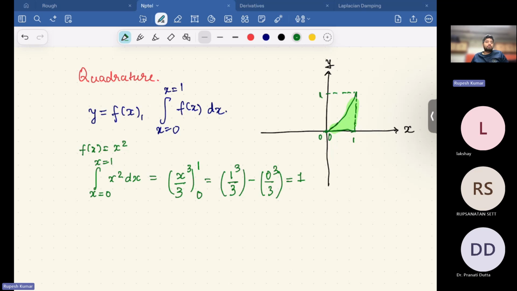Now there is one issue with this method: there is a dependency.